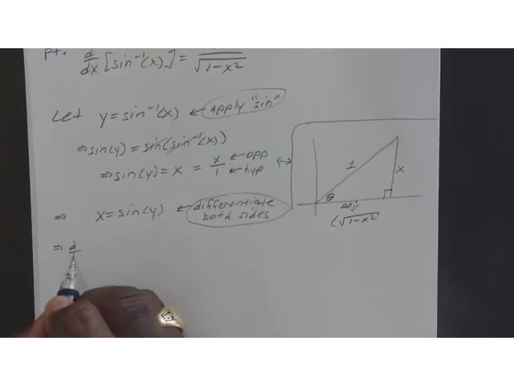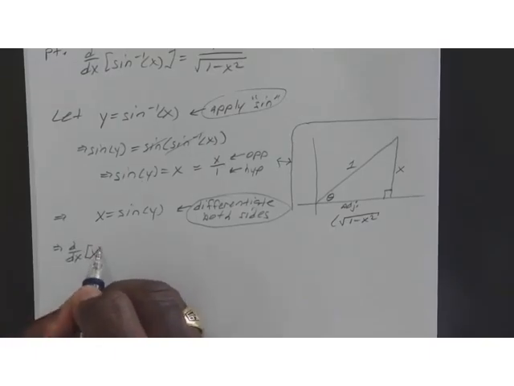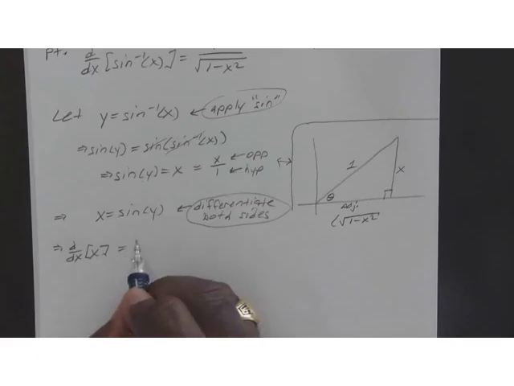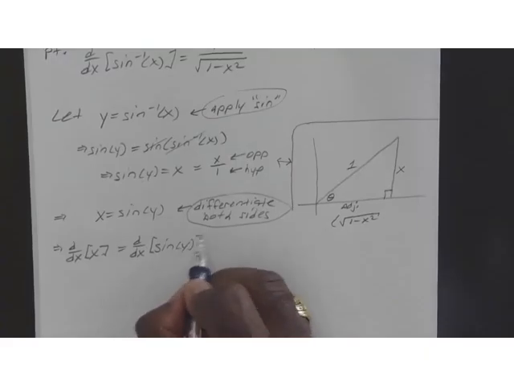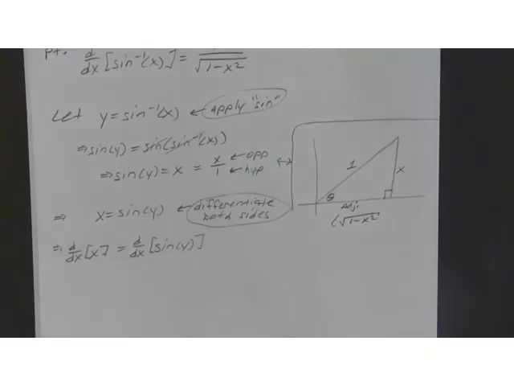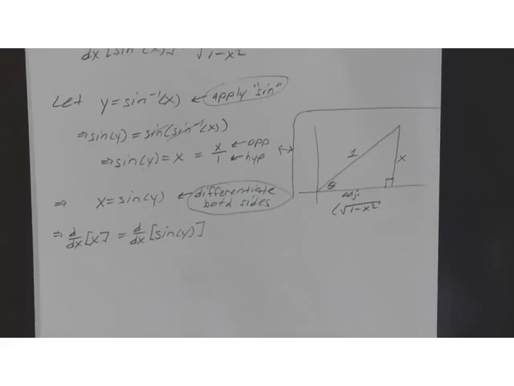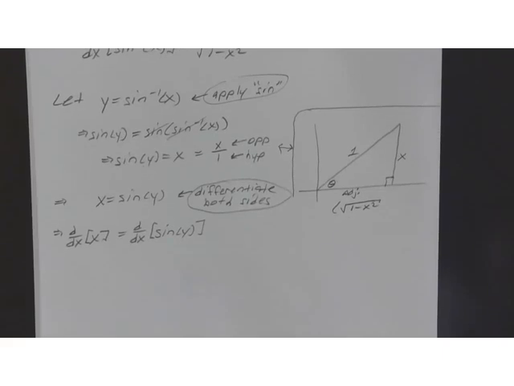So we have the derivative of x with respect to x is equal to the derivative of sine of y with respect to x. Well, we know the derivative of x is just 1. So we can replace that with 1.